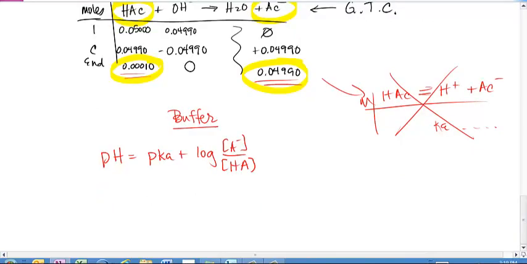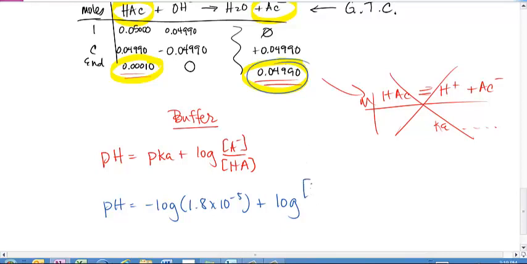Okay. We're trying to find the pH. So the pH is equal to the negative log, I gave you the Ka, 1.8 times 10 to the minus 5, plus log of A minus. Okay, A minus. This is moles. So for A minus, it's 0.04990 moles.